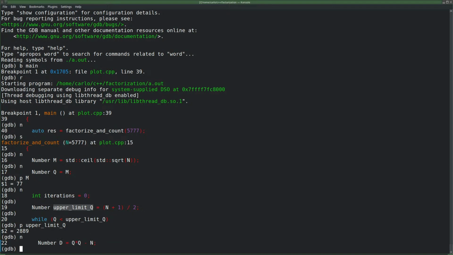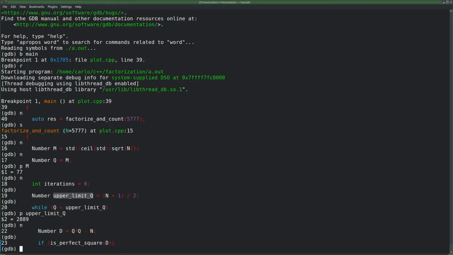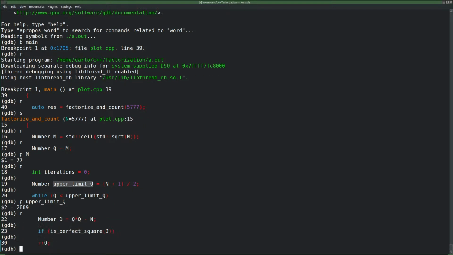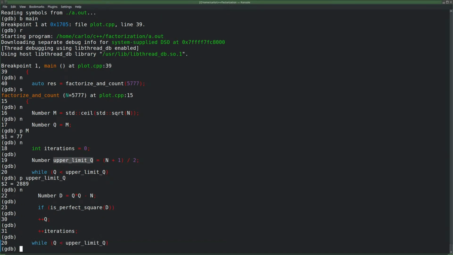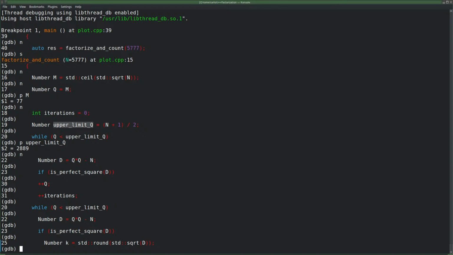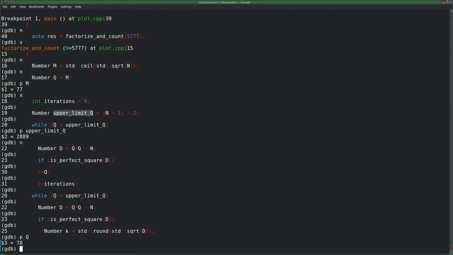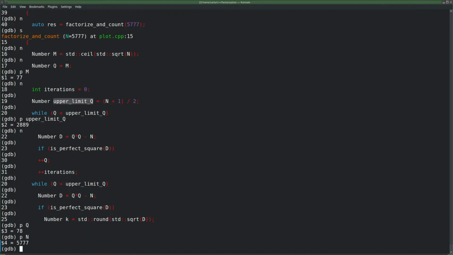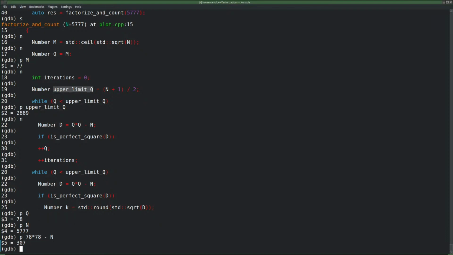And then I think we need 4 iterations. So this is not a perfect square, thank you. 78 is also not a perfect square. It thinks it is a perfect square. What the hell? 78, n. 78 times 78 minus n, 307.